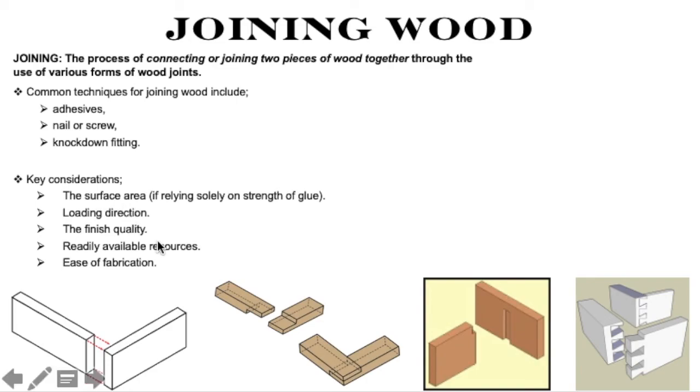Other than the surface area, when you come to loading, it is also important, and one of the things that you need to consider there is the application of the product in service, to factor in whether the joint will experience compression loading or tension loading and or torsion loading, depending on the type of loading that the product you're making is going to experience in service. You have to factor that in.